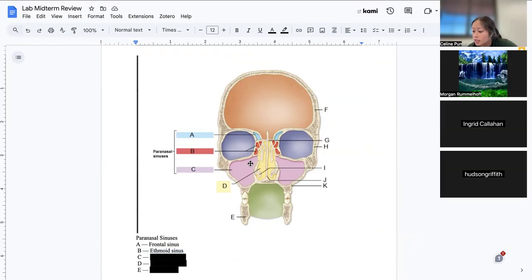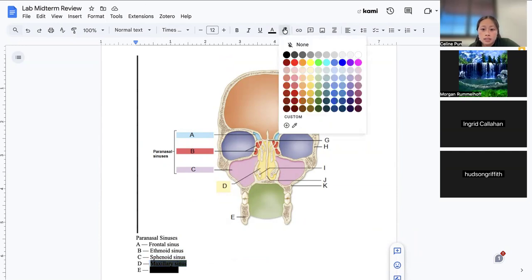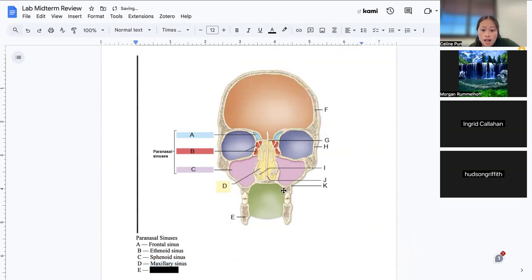C is in the cheeks. Sphenoid sinus. And then D, it's right here. It's the maxillary sinus. And E is all the way down here. That's your nasal cavity.